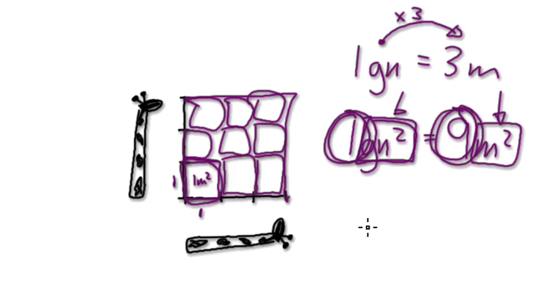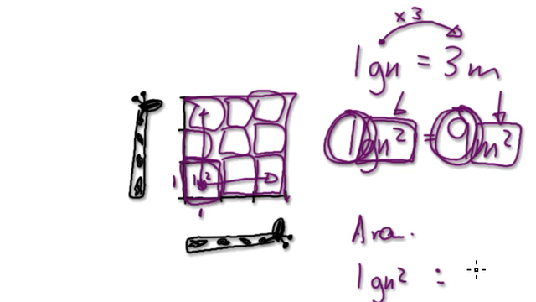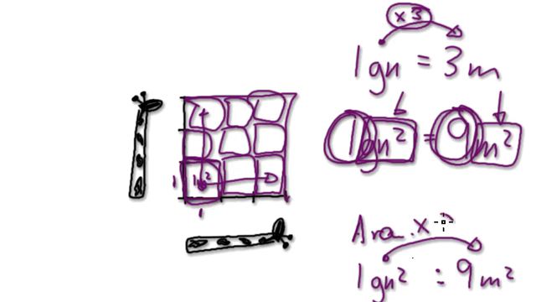But if you're looking at the area, you see, to jump from one giraffe neck squared to 9 meters squared, you have to times by 9, because here you've increased it by 3, and then you also have to increase it in the height direction. So you've got to times it by 9.